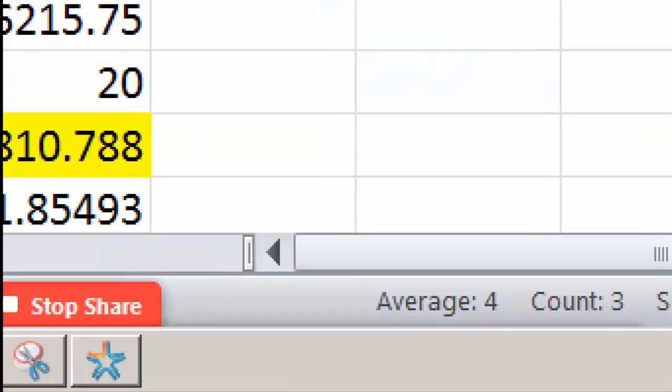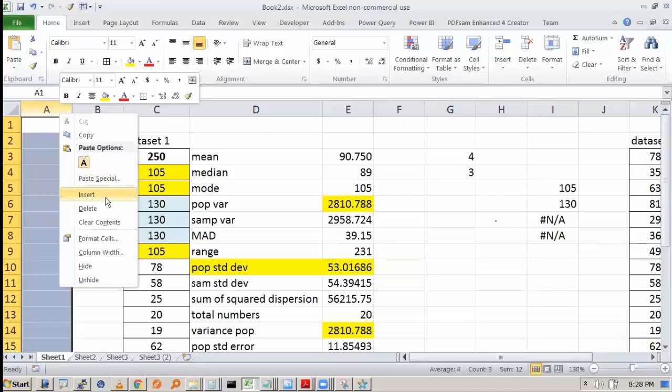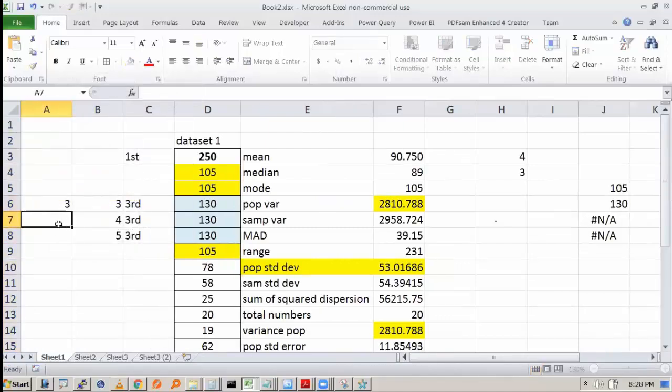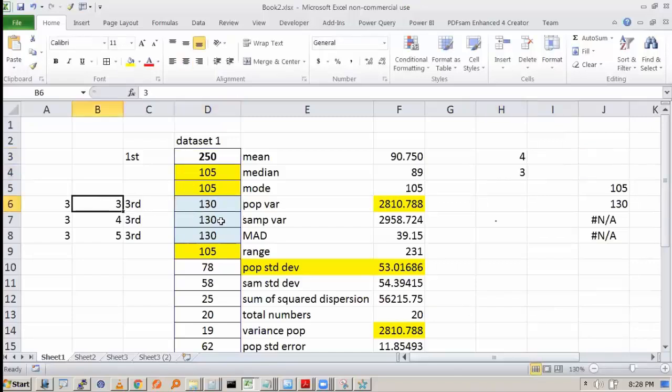The average is coming 4. But in case of rank dot equal, it is 3, 3, 3, so we get the third one. In case of rank dot equal, you get the highest one. But in case of rank dot average, the rank of this 130 is 3, the rank of this 130 is 4, 5, so the average of this is 4.